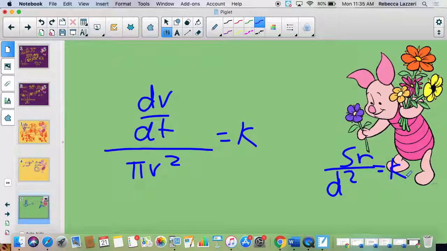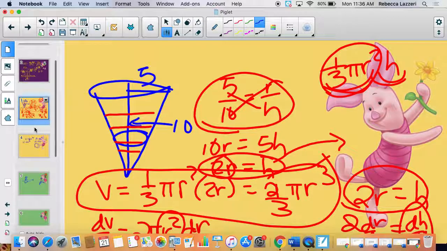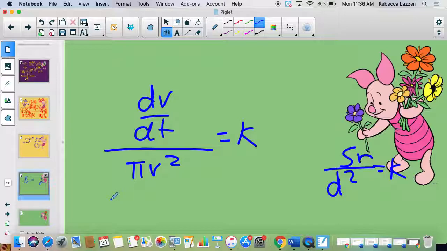All right, now we know that we're looking for the constant of proportionality. And so I'm gonna get dV/dt, which was the one I used earlier. I already have one with an R in it. I'm going to use 2/3 pi r cubed. Let's get dV/dt.